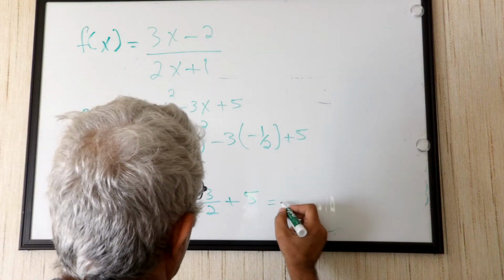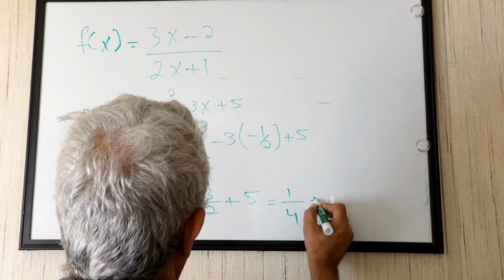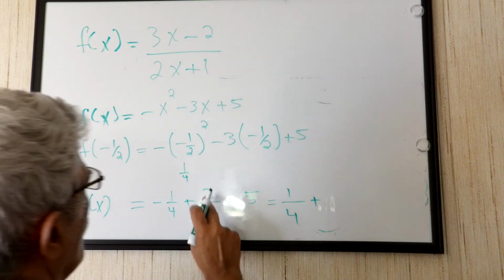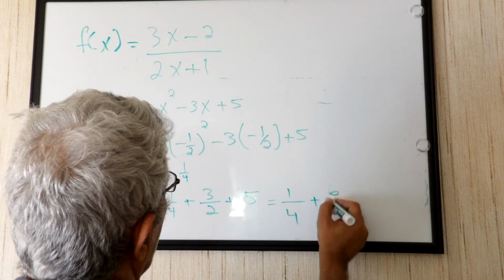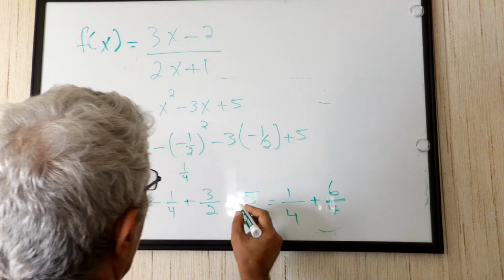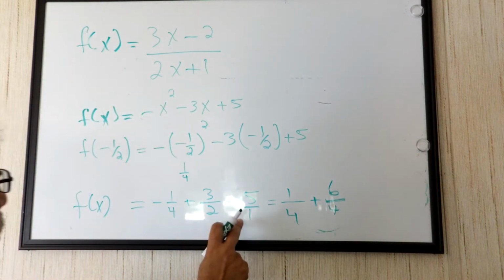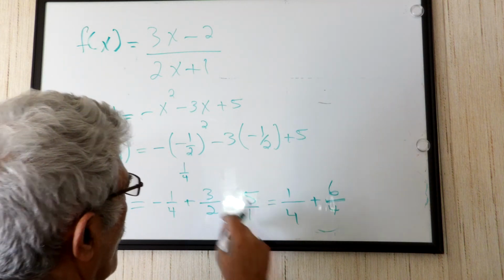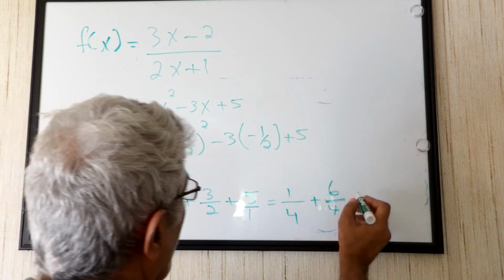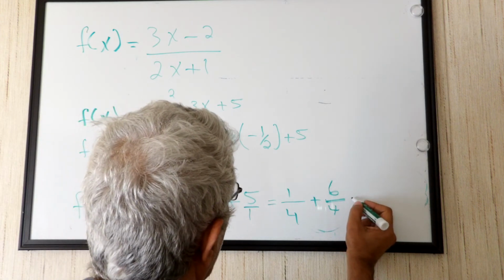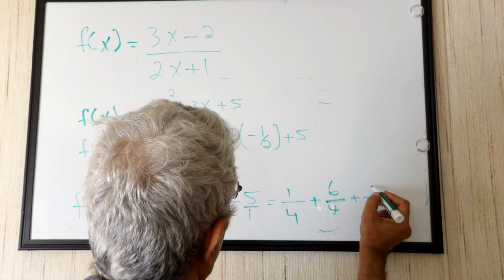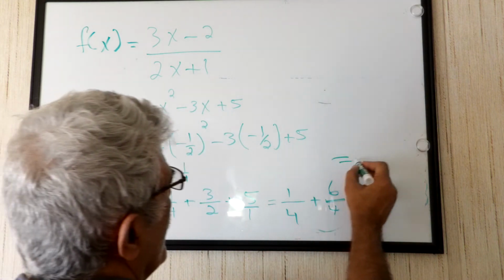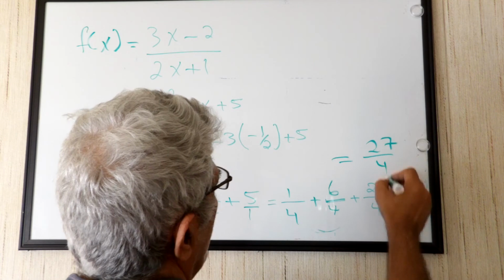Common denominator: 1 over 4 plus 2, we multiply 2 to get 6 over 4, and then we have the 4 here, so we multiply both top and bottom by 4, which is plus 24. So it's going to be 27 over 4.